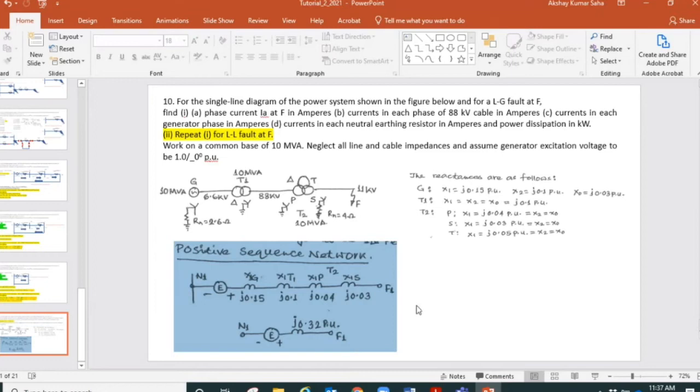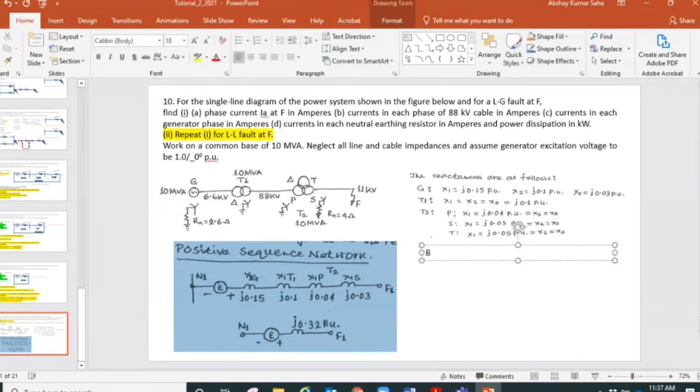So let me just write down that word for you. We can also say that let's say base MVA is 10. That is equal to the MVA rating of each of the equipment: G, transformer T1 and transformer T2. If you remember, we are saying if we choose the base MVA wisely, then it will reduce our calculation. This is also an example of that.